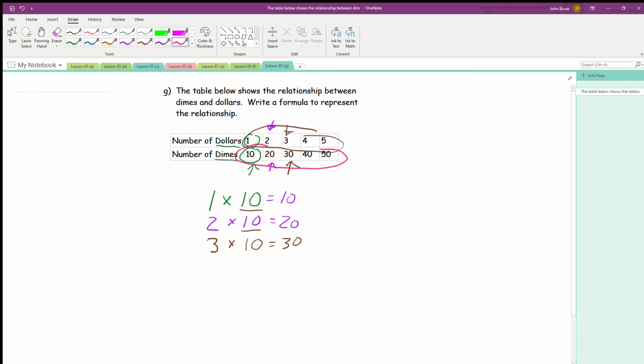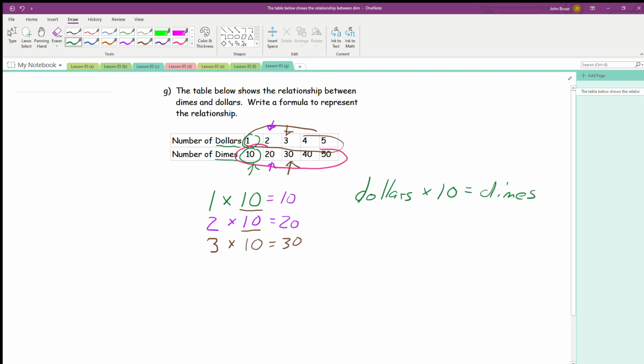All right? So our formula is going to be something like, no, let's see, it's going to be dollars times 10 equals dimes.